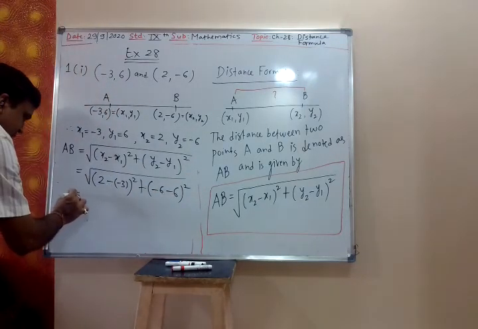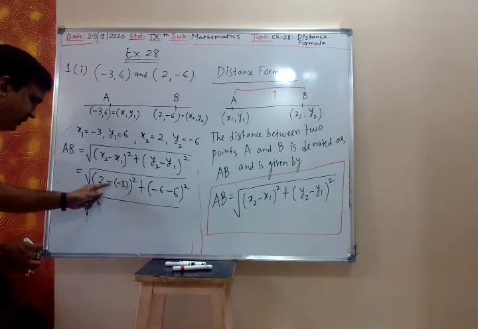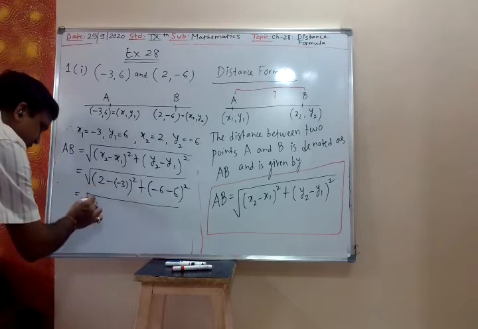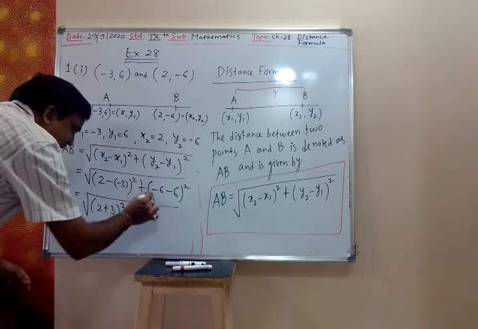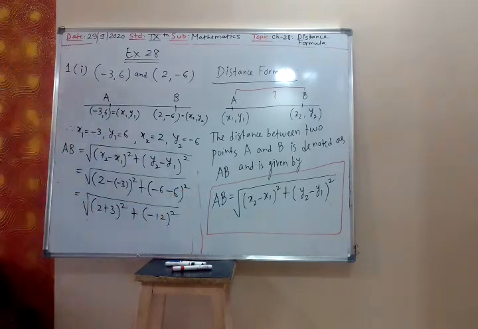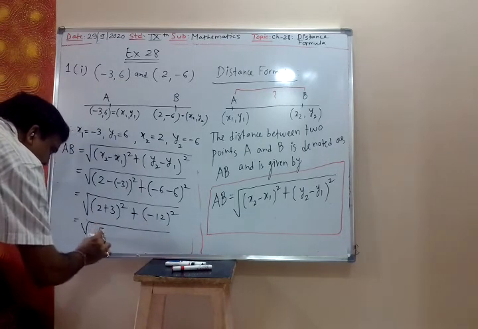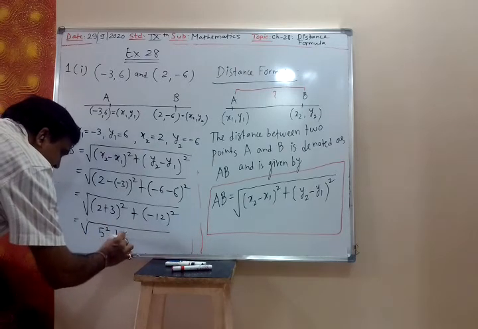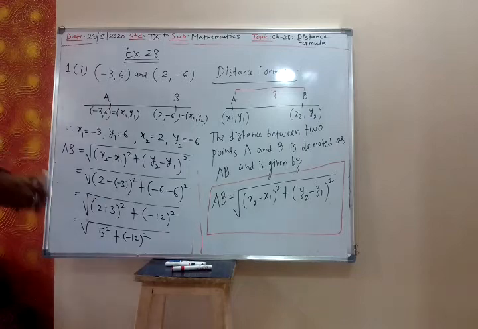So that will be the square root of, minus minus becomes plus, 2 plus 3 square plus minus 6 minus 6 is minus 12. So 2 plus 3 is 5, square root of 5 square plus minus 12 square. See here, minus x square is the same as x square.